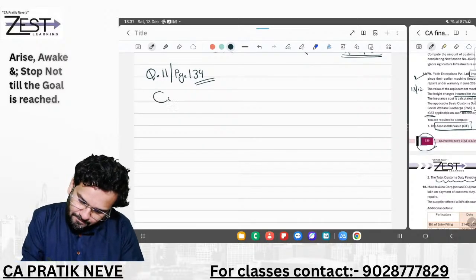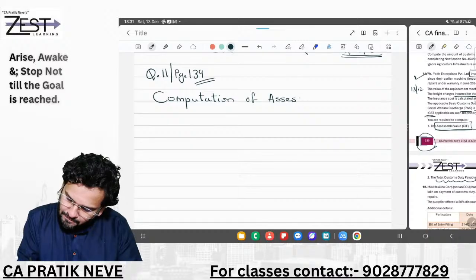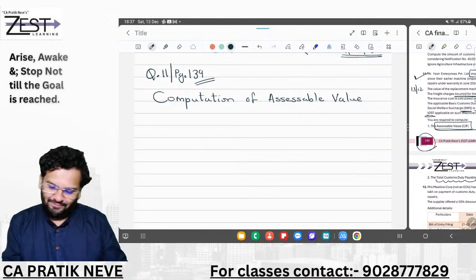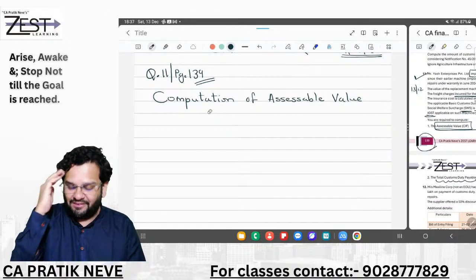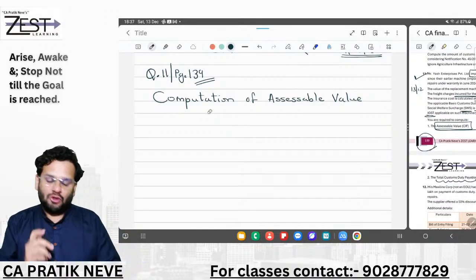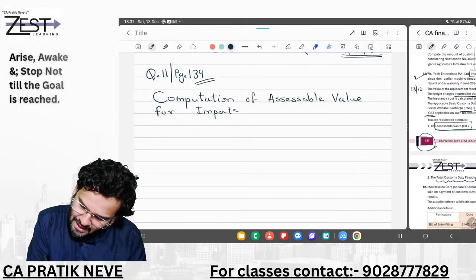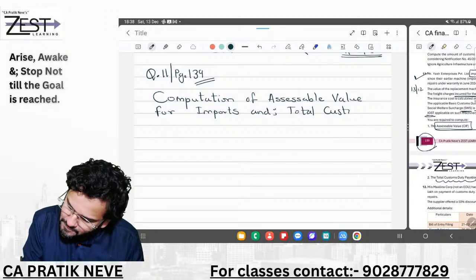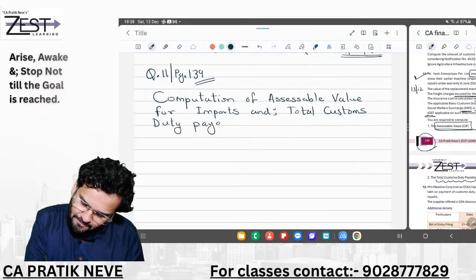Give the heading: computation of assessable value for imports and total customs duty payable. Make sense?